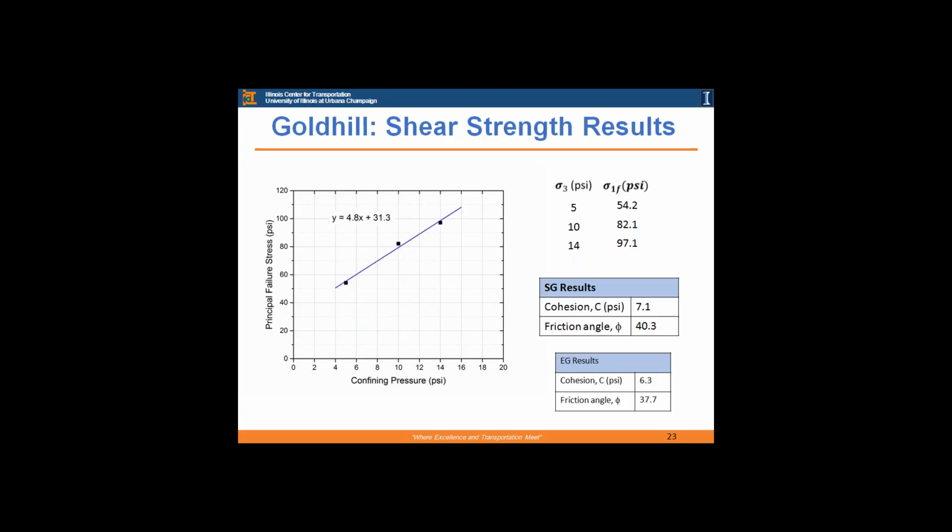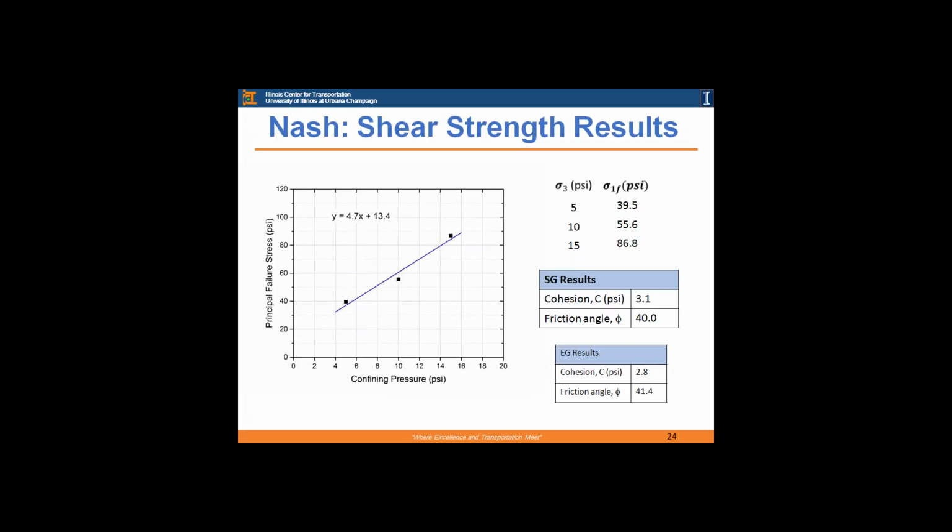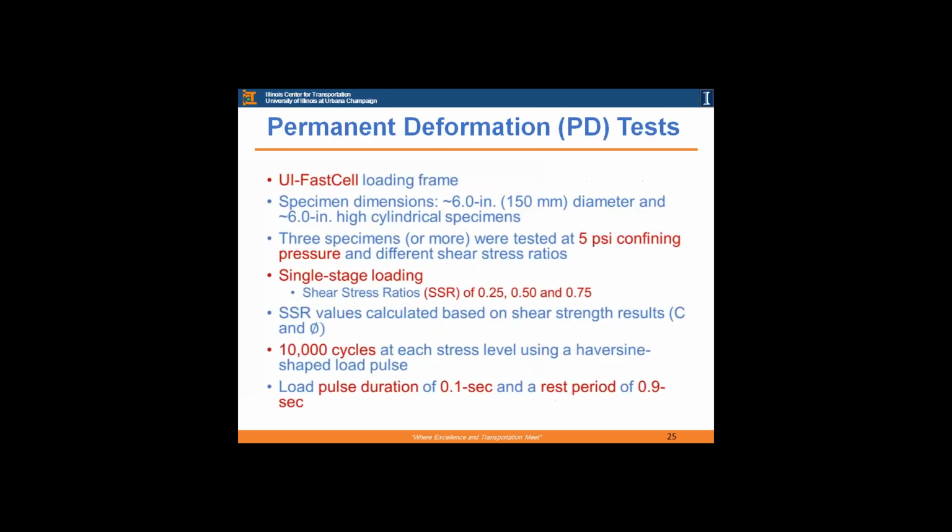For Gold Hill material, which has plastic fines and a plasticity index of 6, the friction angle at the source gradation, which has lower fines, was significantly higher than the friction angle at the engineered gradation, and the cohesion was a little bit higher. Same thing for Nash, pretty similar, just the source gradation had a slightly lower friction angle and a slightly higher cohesion.